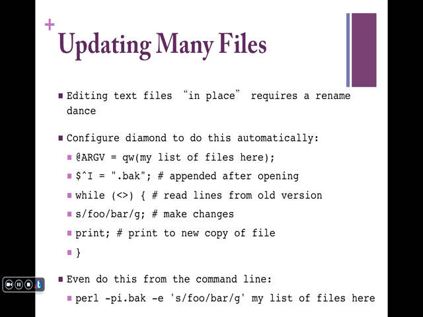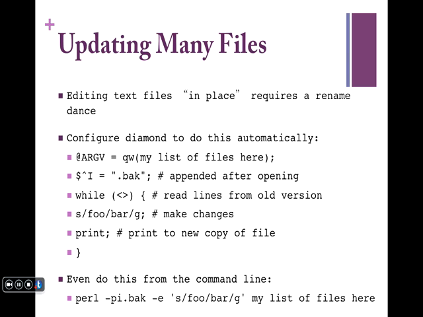So the input now are those files, my list of files here. So this is a bunch of files. And the print is no longer print on the screen. It's a print on those files, but substituting the end of those files to .bak.